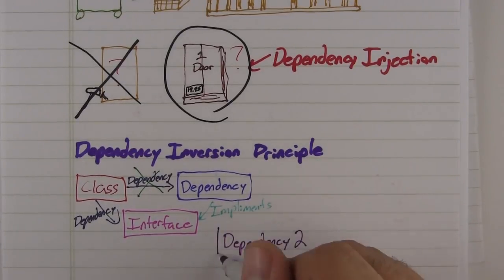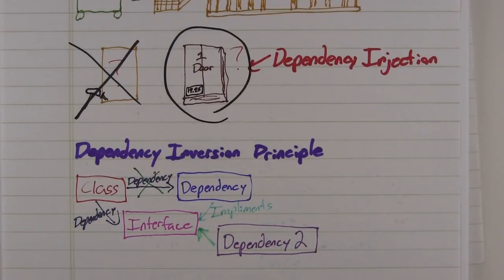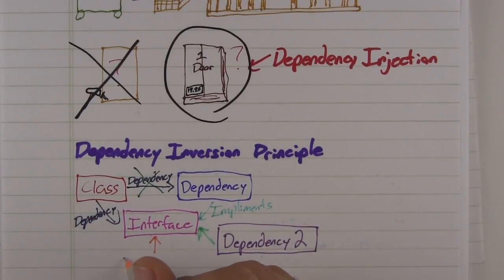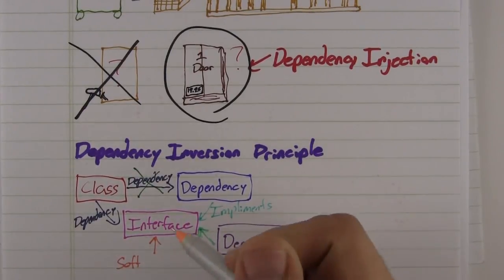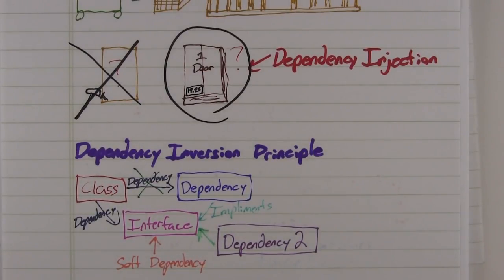That way, we can substitute different dependencies as long as they all satisfy the required interface. By using dependency injection, we decouple our code from the lower level implementations, making our code cleaner, easier to modify, and easier to reuse.